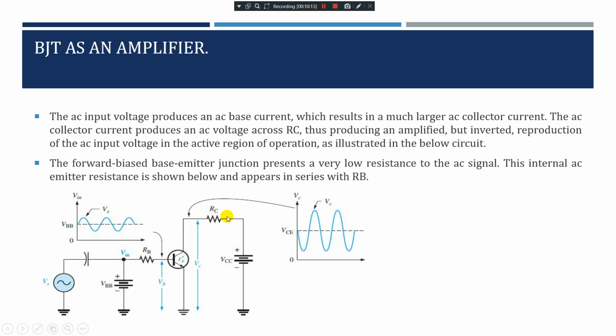So the internal AC emitter resistance is low, thereby increasing your output, which you can see here. That's nothing but your RB. So there is a drastic change from the input to output. There is an increase in amplitude, but the only difference here is the inverted output. Okay, this is about a BJT amplifier. Very simple. So in the BJT amplifier, the common thing is that the emitter is common for input and output.